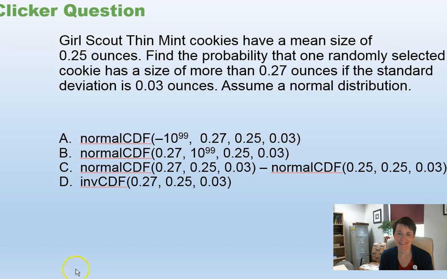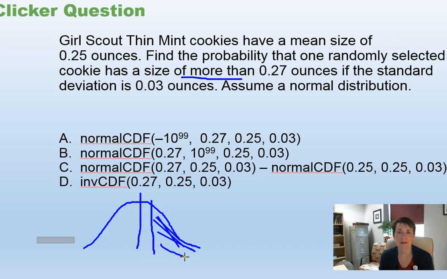I'm going to draw a picture. Okay, my mean is 0.25, and I'm looking at 0.27, which is this side of the mean, and I'm looking at more than, so I'm looking at this portion here.